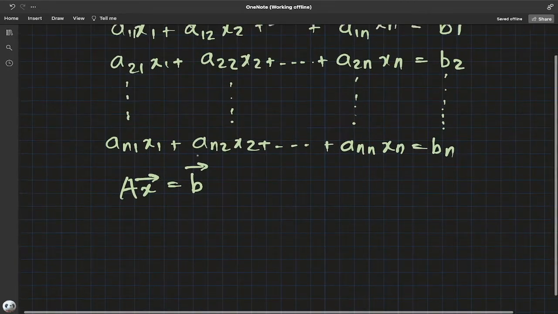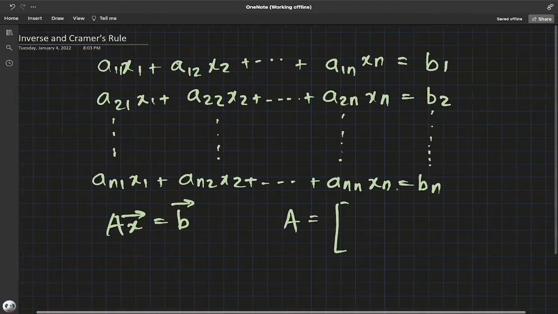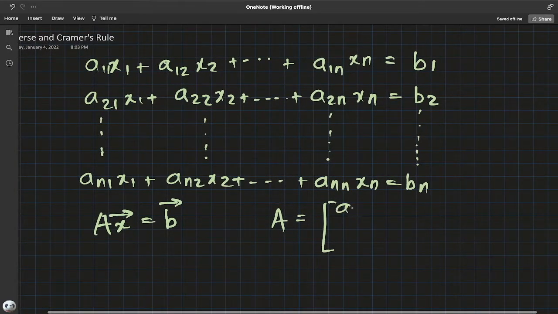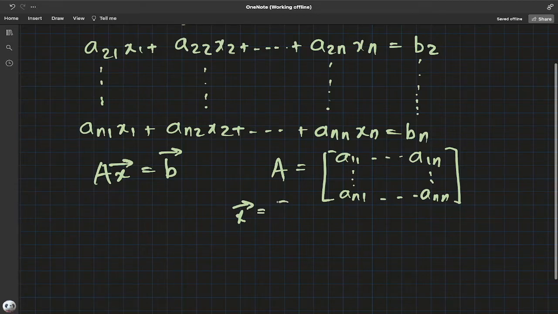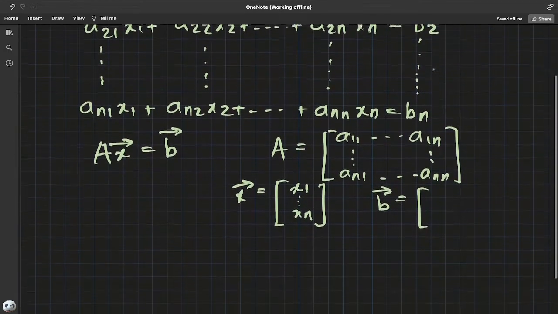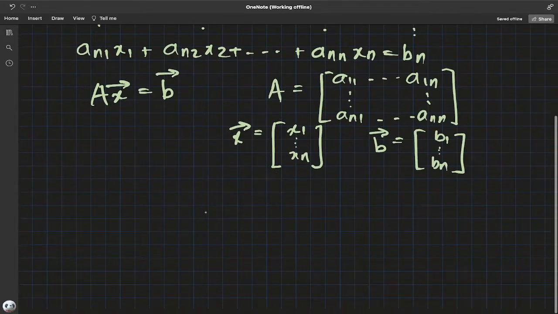Where A is a matrix with all of those coefficients in it, and then x is the column vector of unknowns, so x1 to xn. b is basically what all is there on the right hand side of the equations.